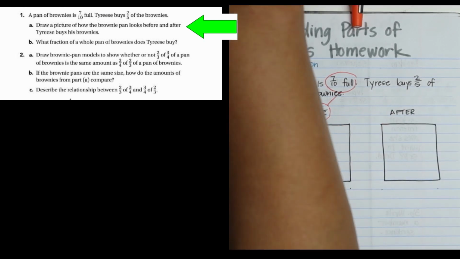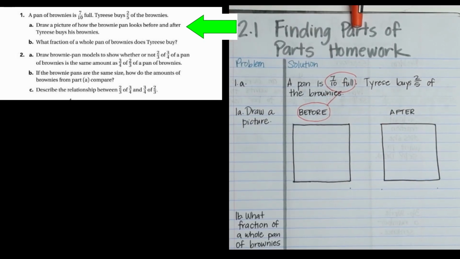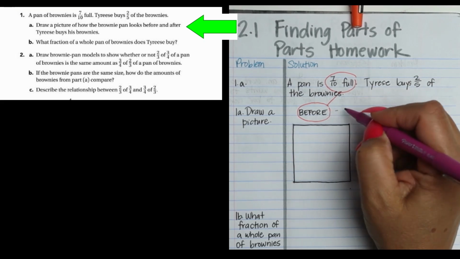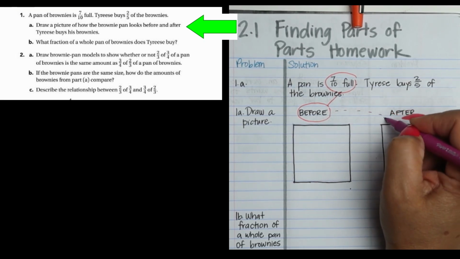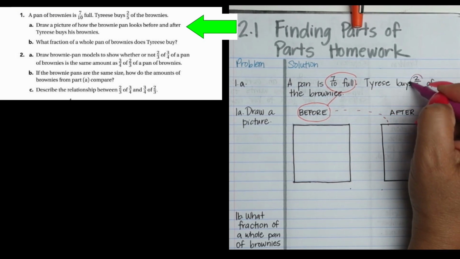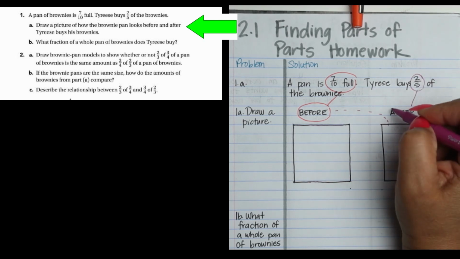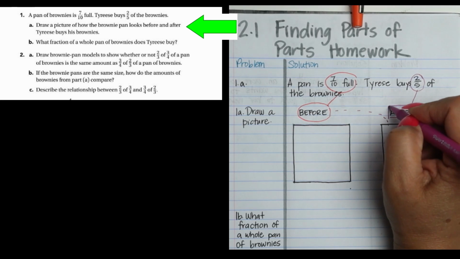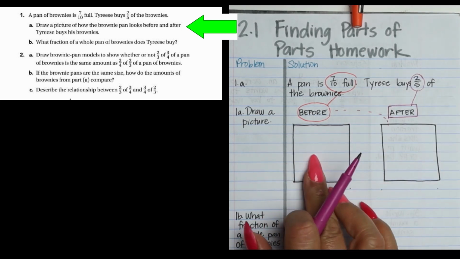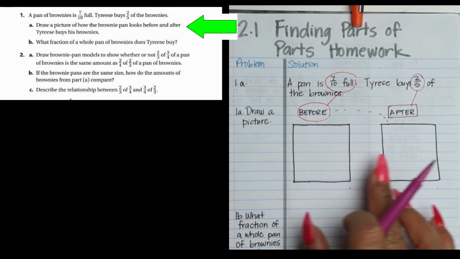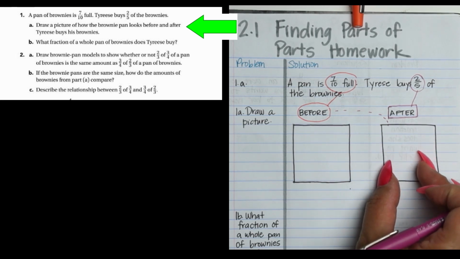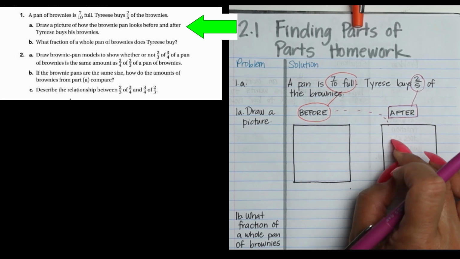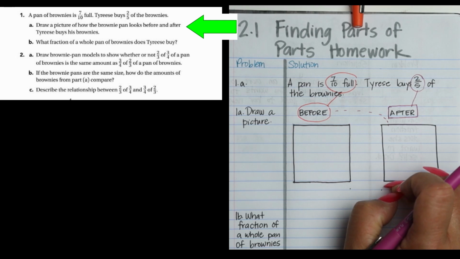You need to transfer what it looks like before here, and then you need to shade in the after. So what would that look like? Before is 7/10, and then after is the 7/10, and then 2/5 of the 7/10.